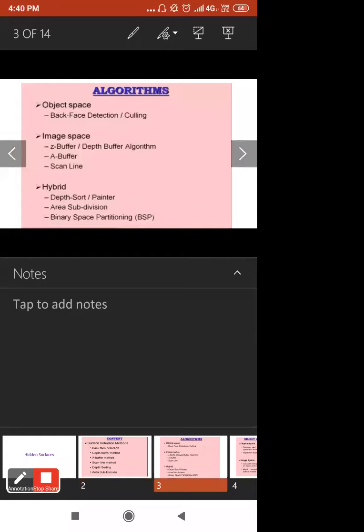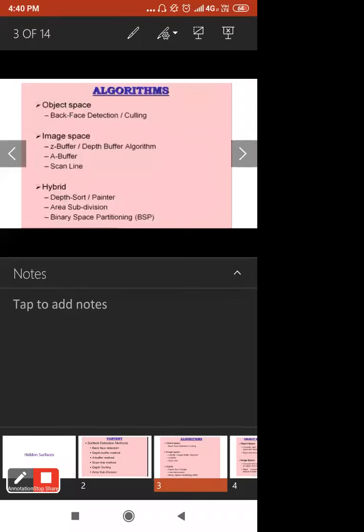Before starting, which are the basic things that should be considered while implementing these algorithms or while detecting these backfaces? The concepts of object space and image space you know very well; I have explained this thoroughly in your lectures.